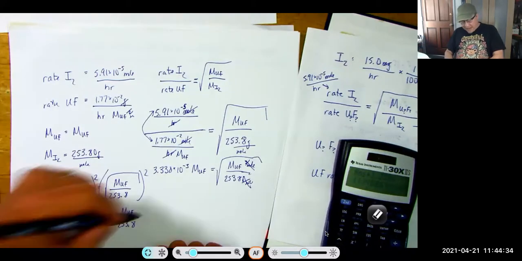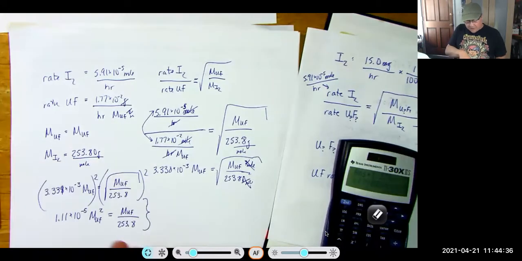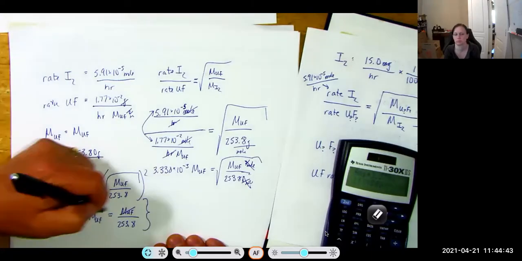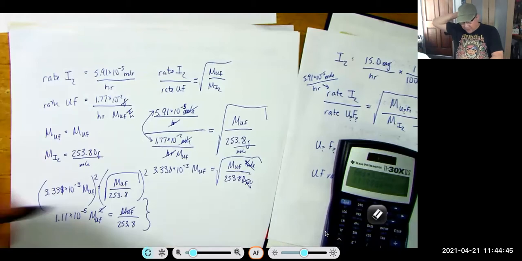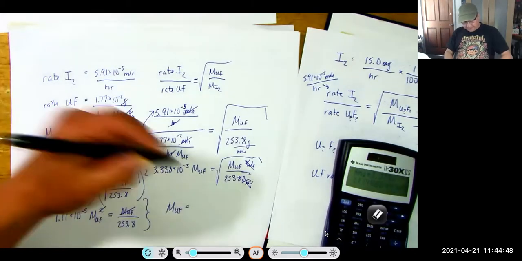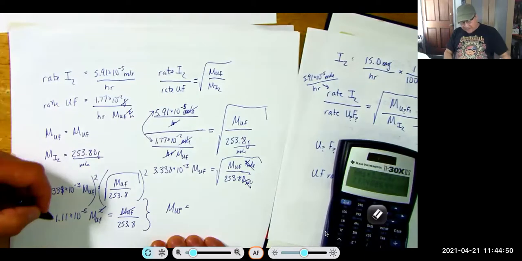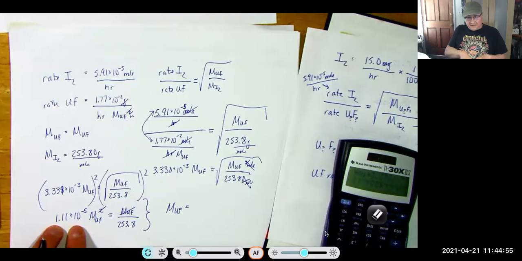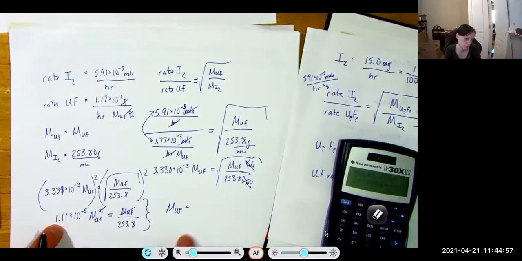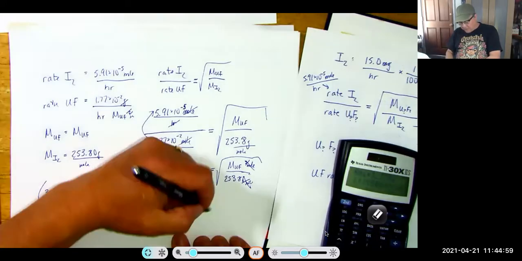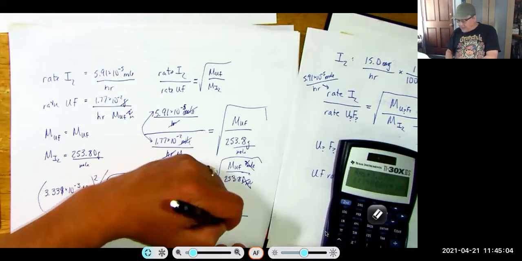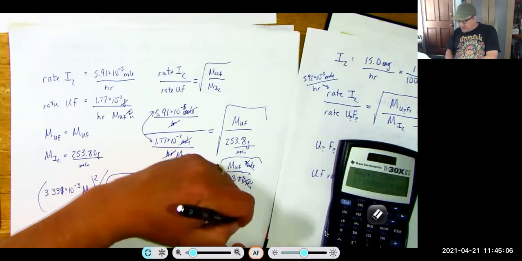So now, if I have 2 of these on this side and 1 on this side, what happens? One of them cancels. And so now I get that the molar mass of UF is going to be equal to, I'm going to divide each side by 1.11 times 10 to the minus 5, right? Yeah. So I get the molar mass of UF is 1 over 253.8 times 1 over 1.115 times 10 to the minus 5.